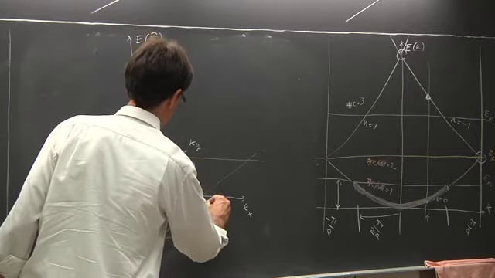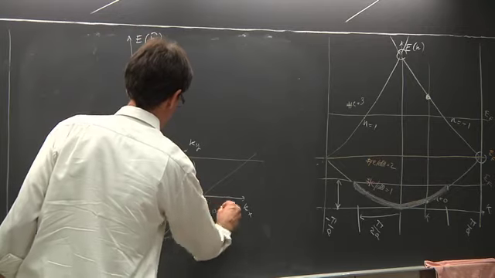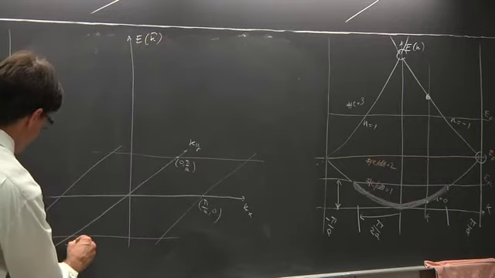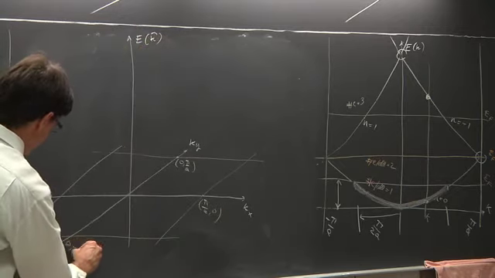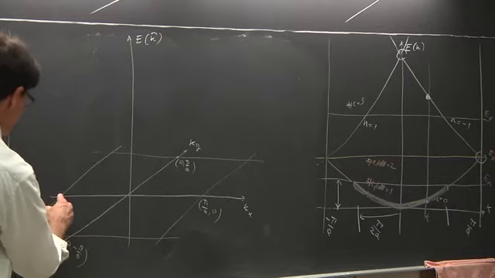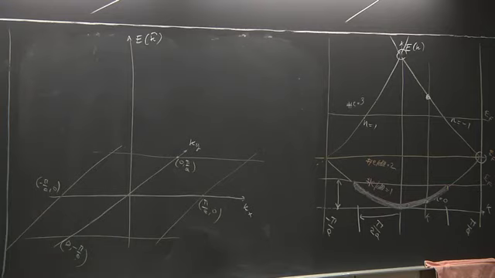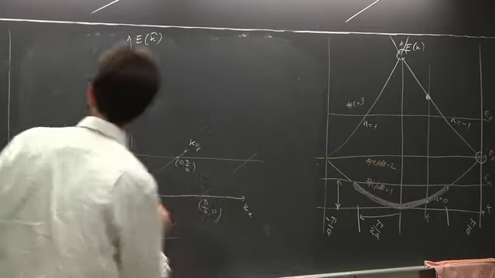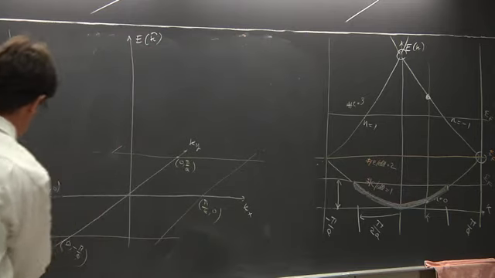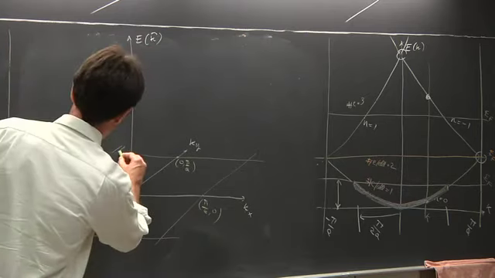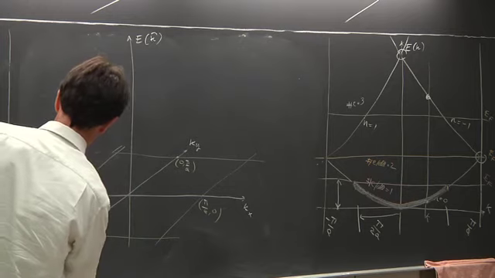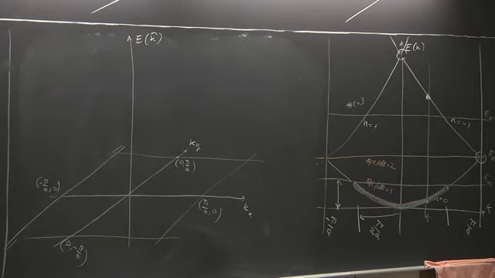This is pi over a 0. This is 0 minus pi over a. And this is minus pi over a 0, right? It's a square. Hopefully it looks like a square. So it's a plane, and the Brillouin zone is a square.